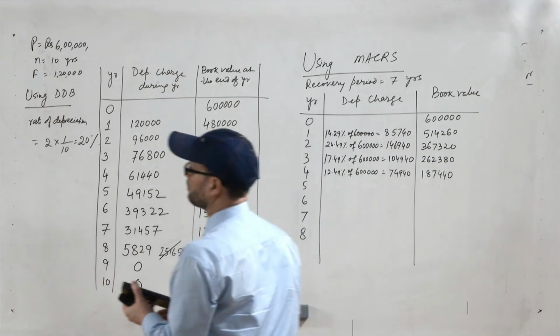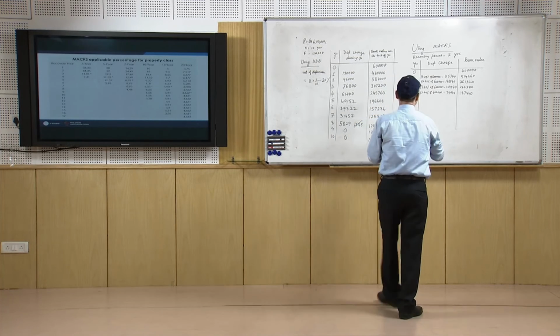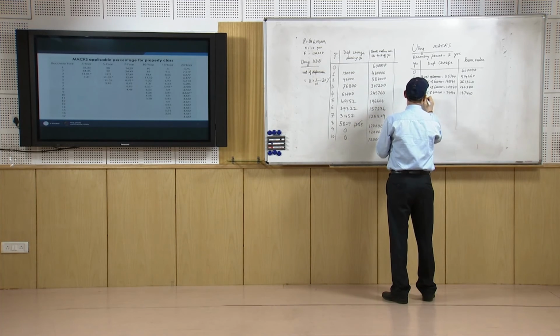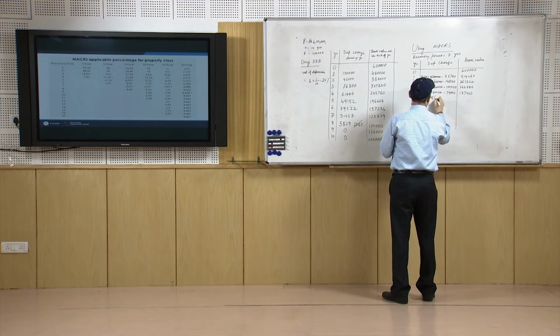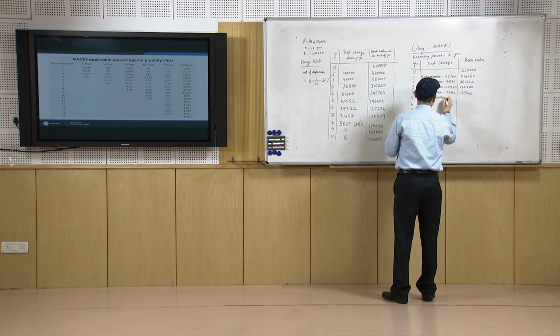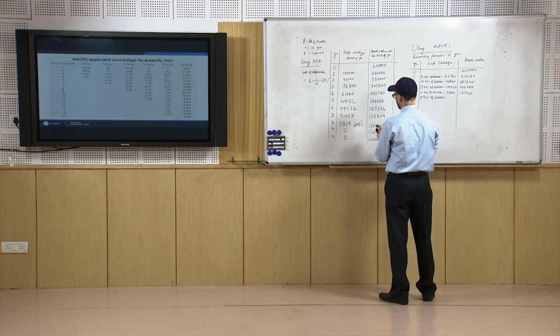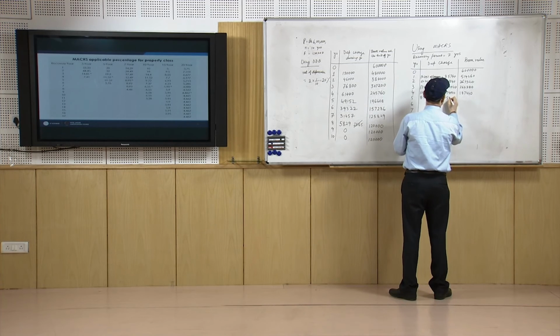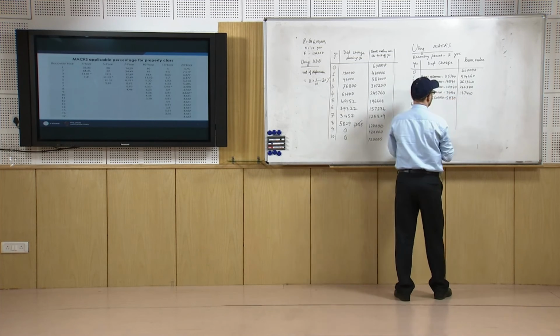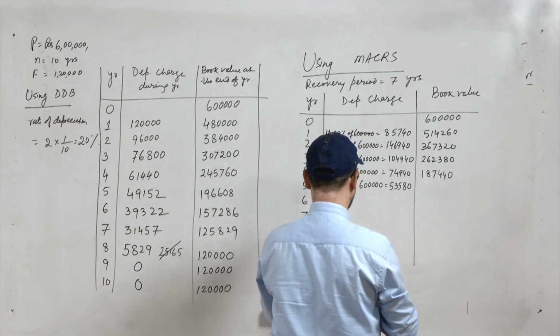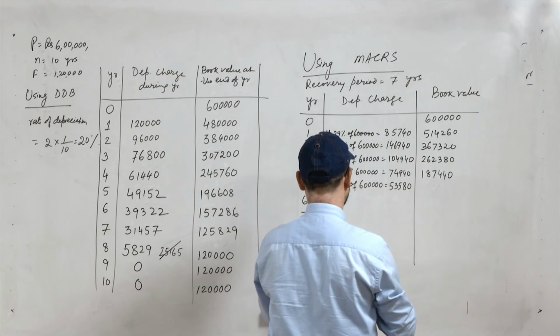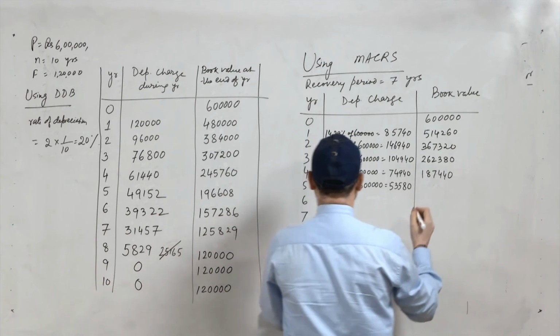Next is 8.93%. So, 53,580, and 187,440 minus this amount gives 133,860.